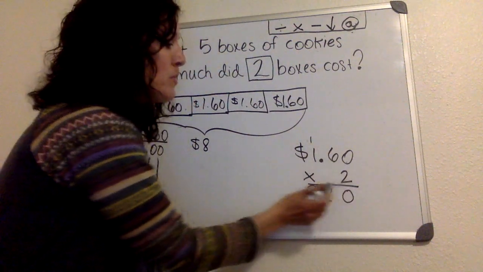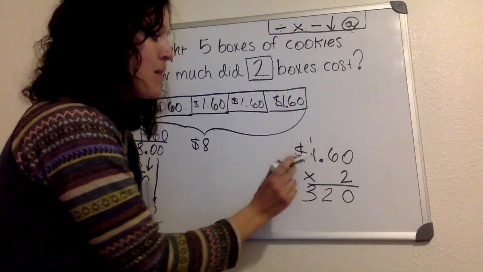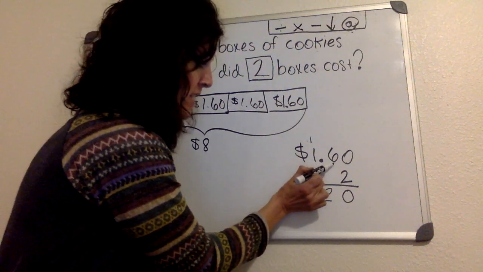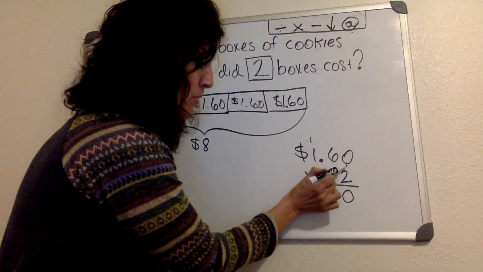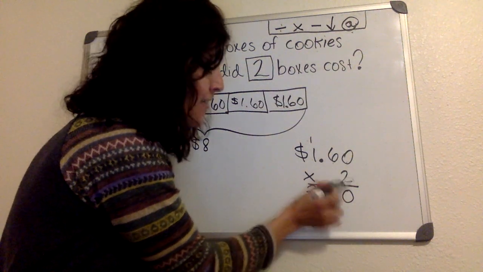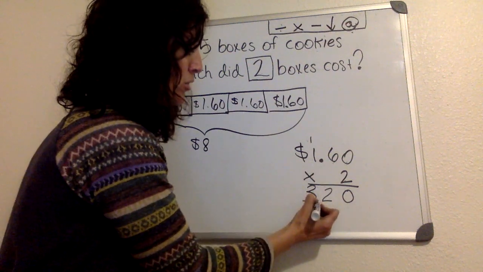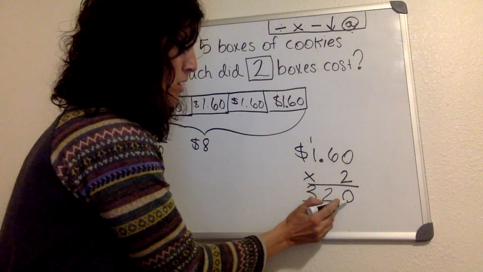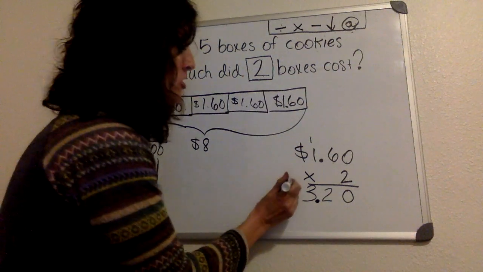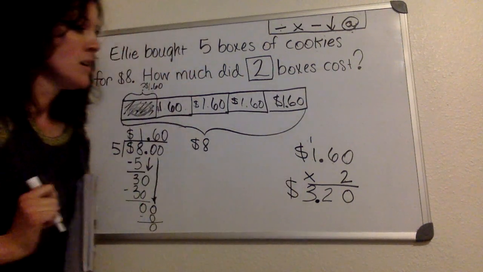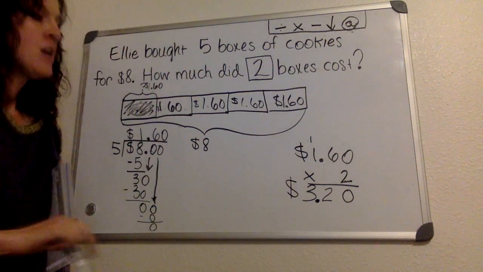How many decimal places do I have altogether in my problem? Well, I have 1 decimal place, 2 decimal places, and then I don't have any decimal places in this number, so I just have 2 decimal places. 1, 2. Don't forget your dollar sign, okay?